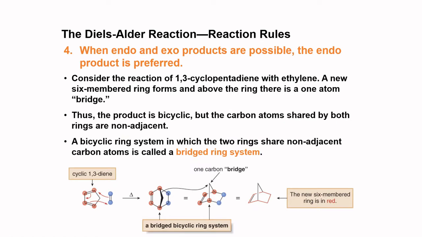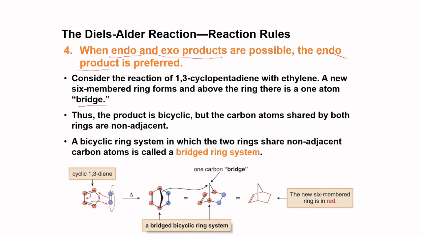For rule number 4, when endo and exo products are possible, we usually prefer the endo product because the endo product is more stable. If we consider the reaction between 1,3-cyclopentadiene with ethylene, a new 6-membered ring forms, and above the ring there is a one atom bridge.